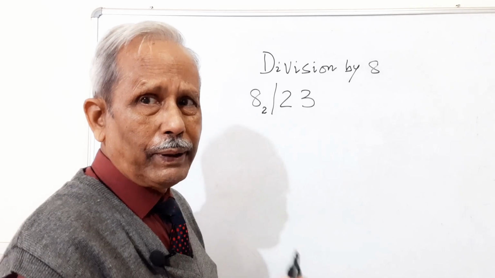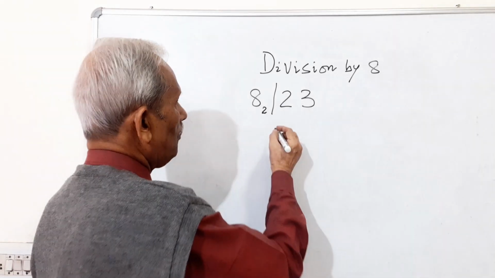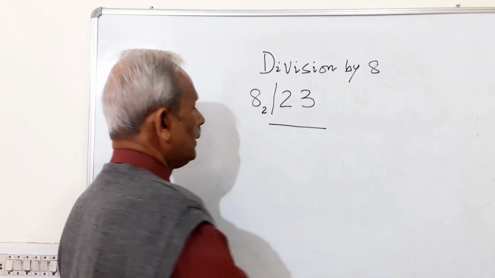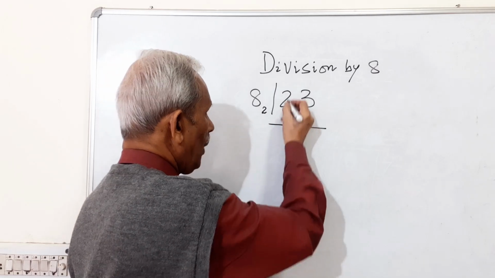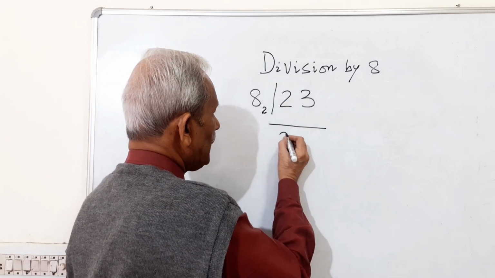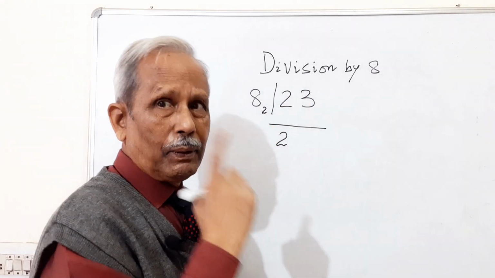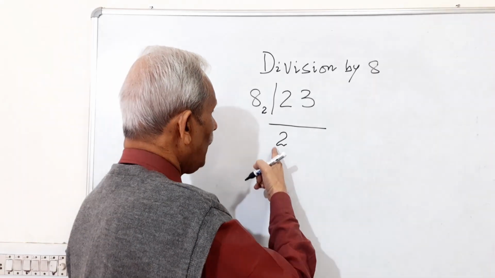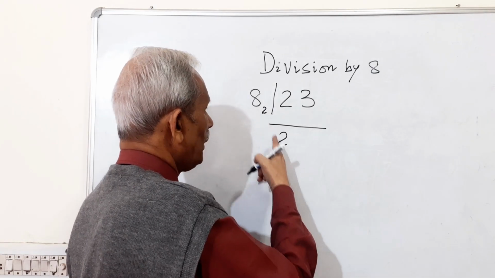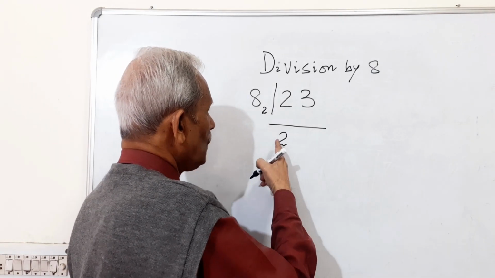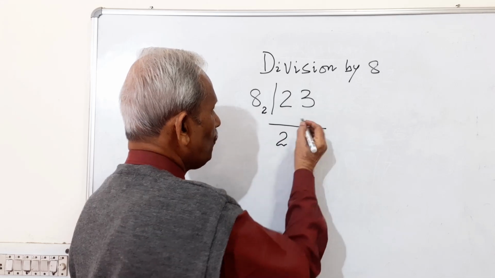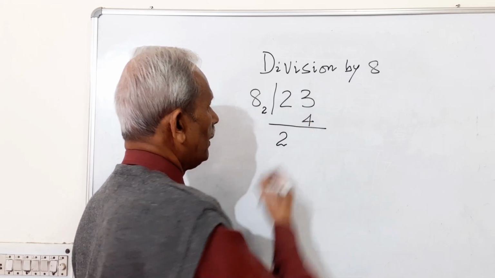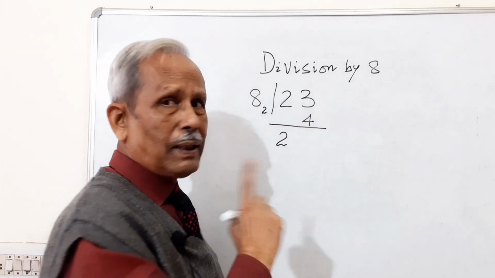Later on you do not need to write it, you can remember, but right now, write it. The first step is to take down the number 2 as it is. In case of 9, we multiplied this complement with this number. Here the complement is 2, so we multiply 2 into 2, that is 4. Write down 4 here.